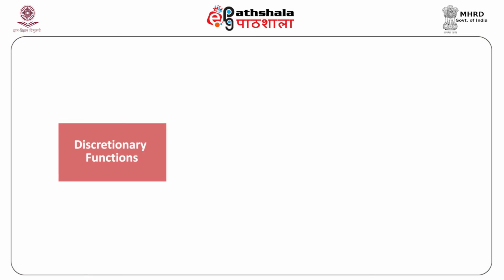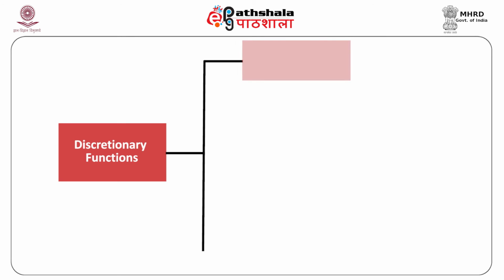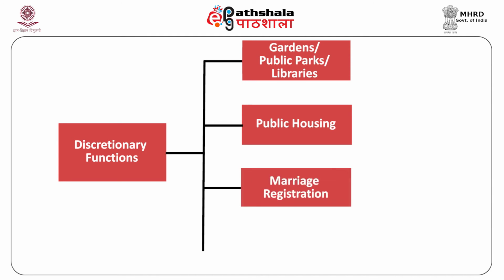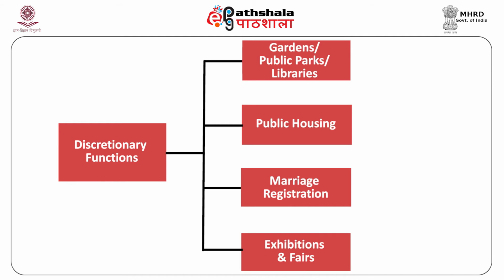Now, the discretionary functions. The discretionary functions include construction of gardens, public parks, libraries, museums, and so on, public housing, planning and care of trees on the roadside, survey of buildings, registration of marriages, management and regulation of fairs and exhibitions.